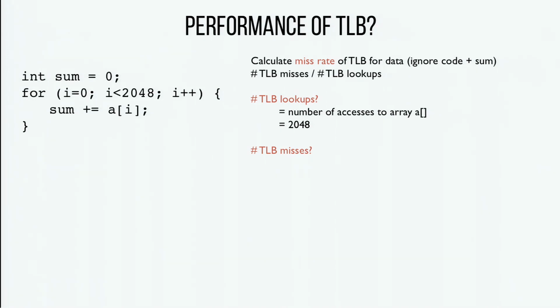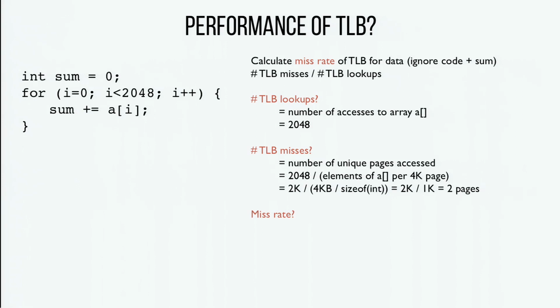So if an integer is 4 bytes, then we'll fit 1,000 integers per page, right? And if we're going through 2,000 integers, then we're accessing 2 pages, right? So we're going to have 2 misses. It's how many unique pages we accessed. If there are 2,048 things we accessed, and we can fit 1,000 integers on a page, then we're going to 2 different pages.